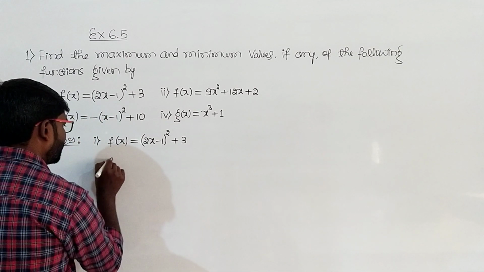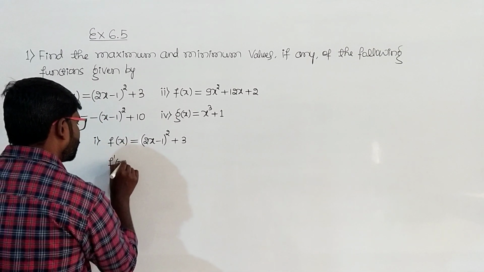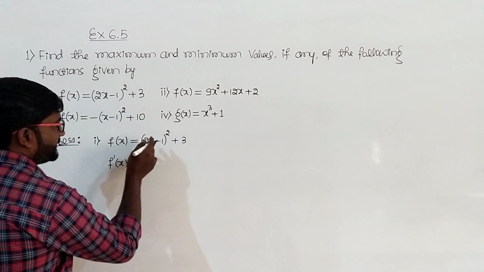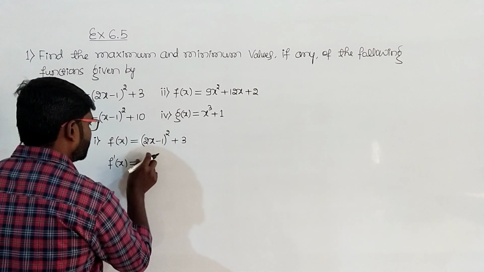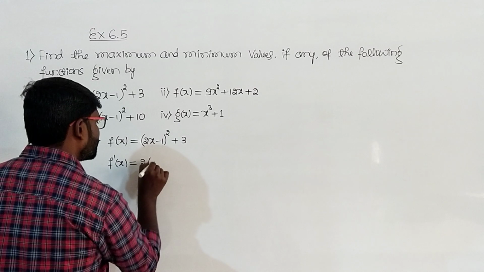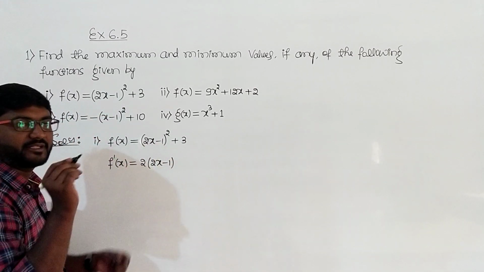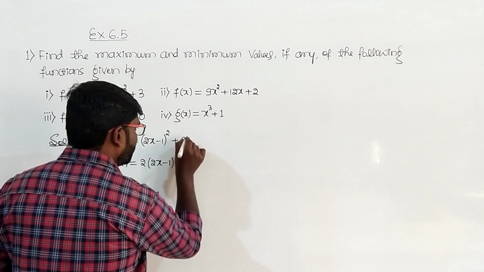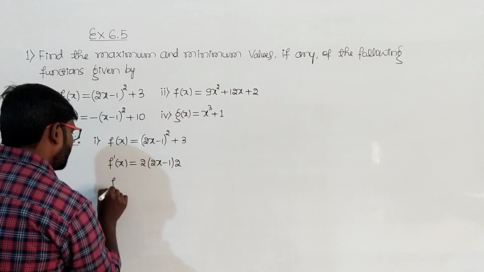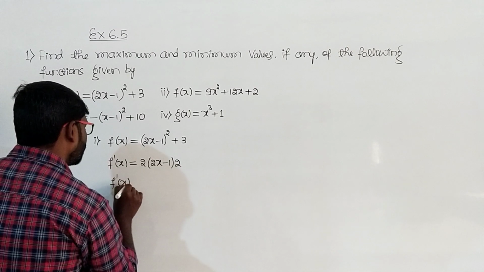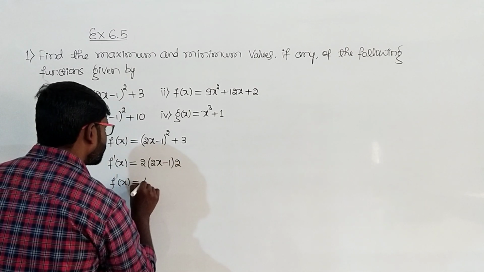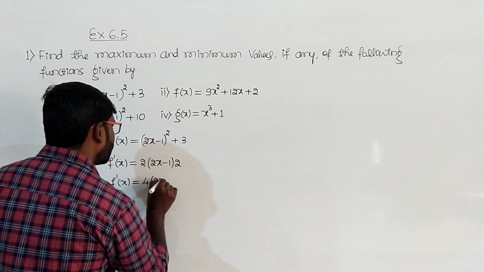So here I'll go for f dash of x. F dash of x equals, so it is in the form of x to the power n. So it is 2 times (2x minus 1) and derivative of the inside function will give us 2. Then derivative of this will be 0. Overall f dash of x equals 2 into 2, it is 4 into (2x minus 1).